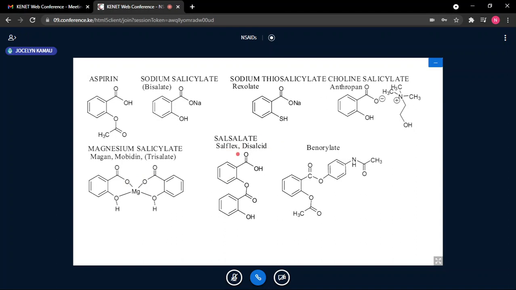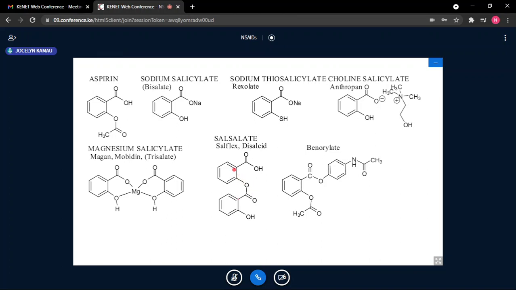Then you have salicylate. When you look at salicylate again, salicylate is 2 salicylic acid molecules. You can see this is a carboxylic acid and the salicylic hydroxyl group. So you have the hydroxyl group.